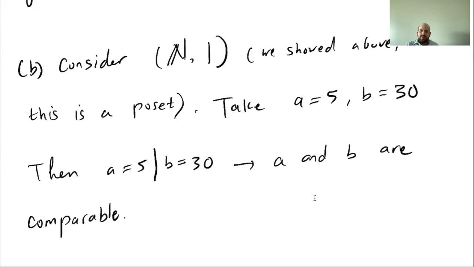Any two elements in the set of natural numbers. Can I say either A divides B or B divides A? Or do you think it is possible that for some particular A and B, we have neither A divides B nor B divides A?